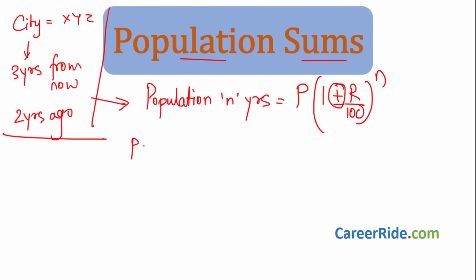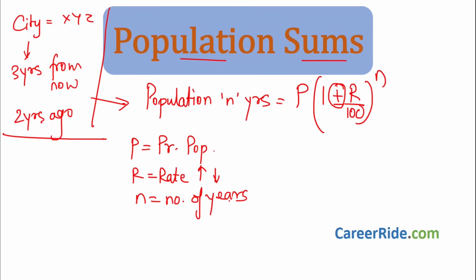Very easy. P is present population, R is rate of increase or decrease of population, n is number of years. And plus sign means the population increases, negative sign means population decreases.